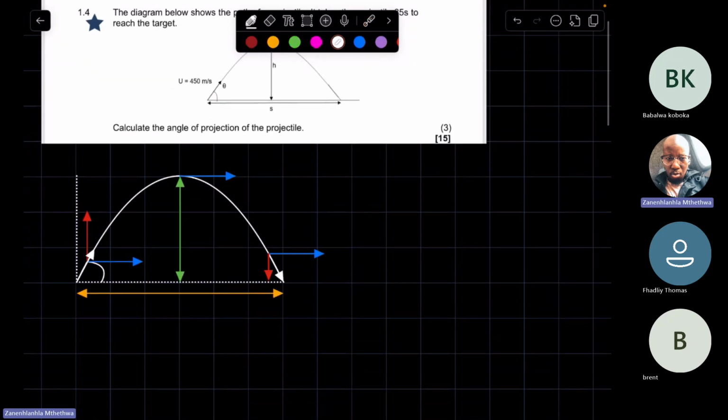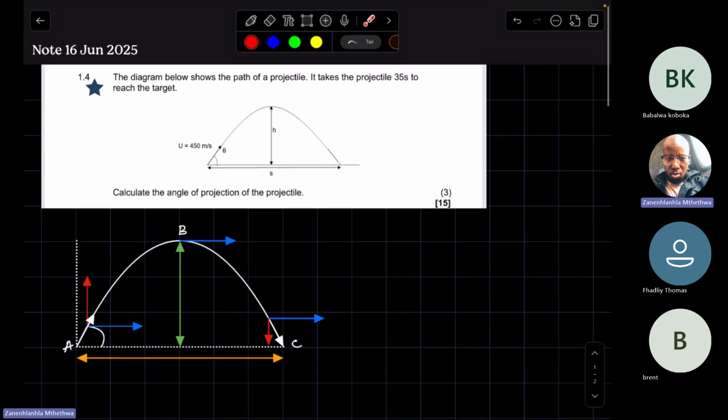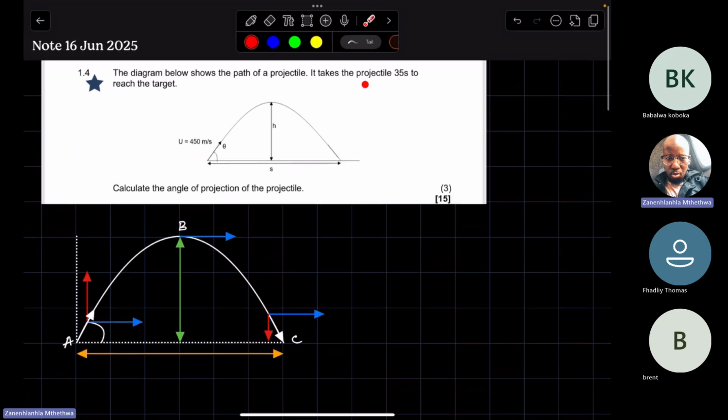If we call the starting point A, the apex B, and the destination C, essentially it took this projectile 35 seconds to move from point A to point C. We are together here, no? Yes. Now the question here is to calculate the angle of projection of the projectile.